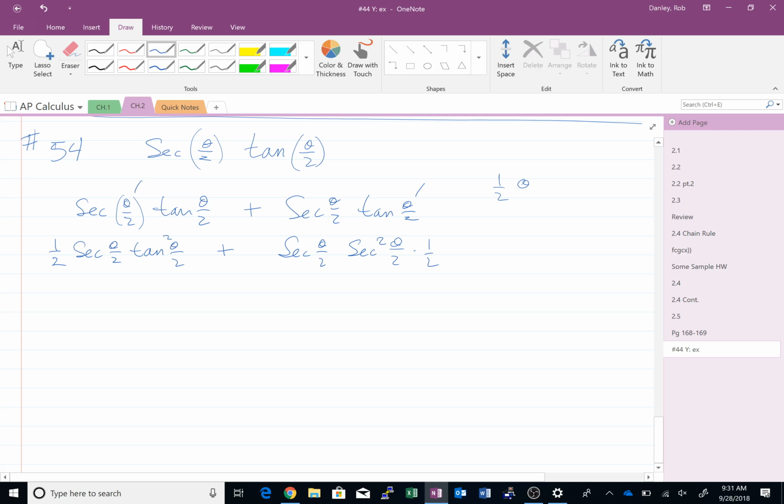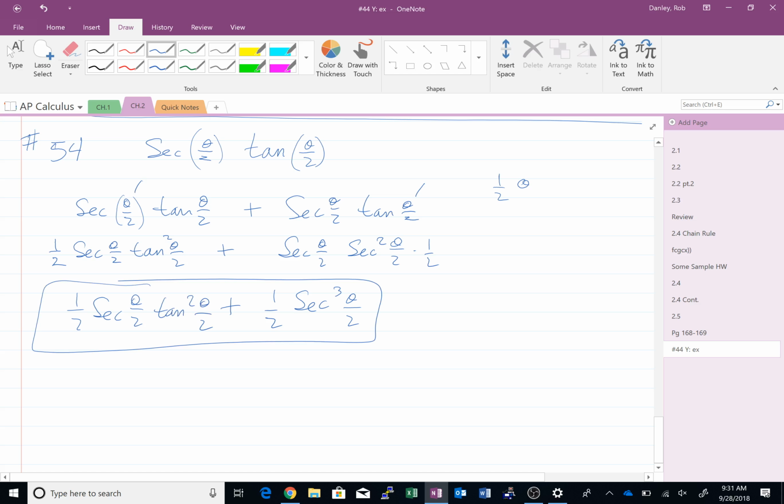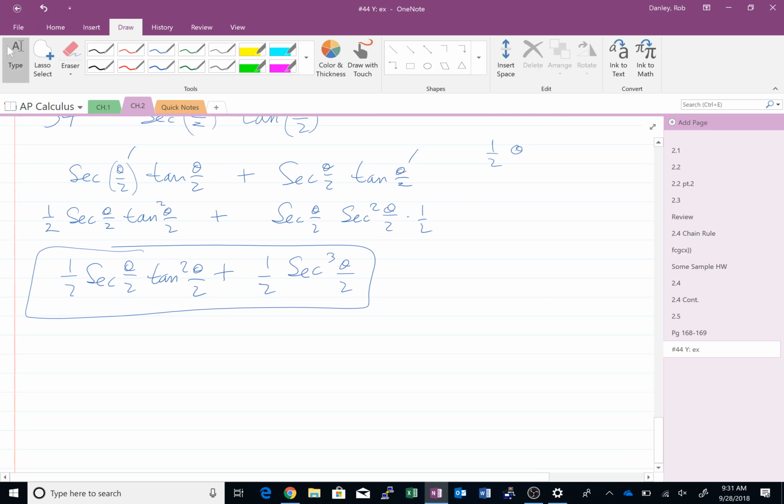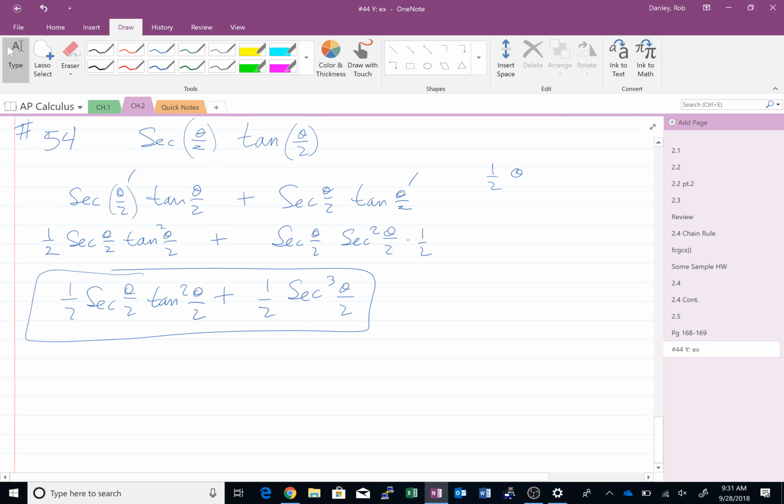All right, and then this one can become a secant cubed theta over 2, 1/2. And that's about it. So again, just keep track of things. Combine if you can, but don't go nuts. That was number 54.